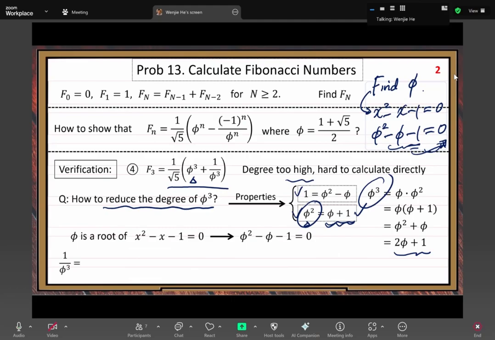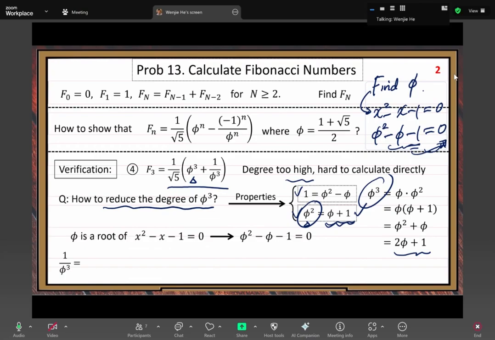The second one, this time we need to bring down the degree of the denominator. Denominator is a little harder than the numerator. Now, in order to make the degree of the denominator lower, we imagine some common way people use to make it lower.